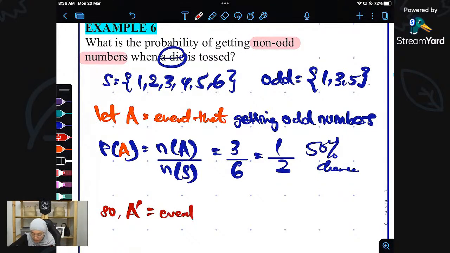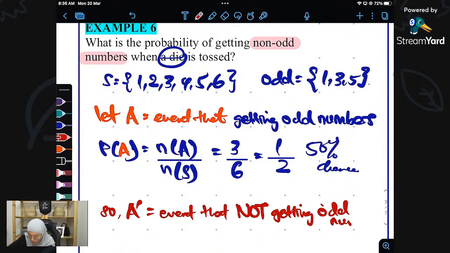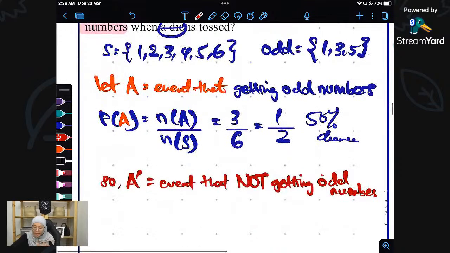A prime is the event that is not getting. Prime meaning the opposite, not getting. Okay, this is the word: not getting odd numbers is the A prime.